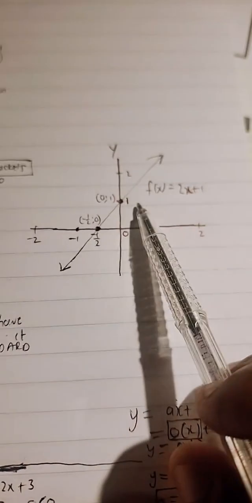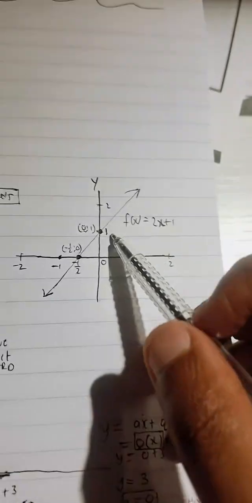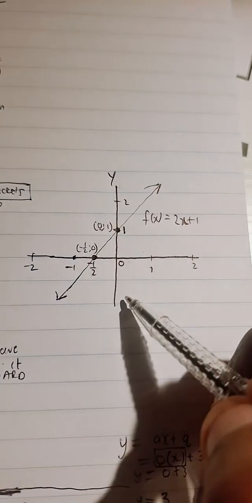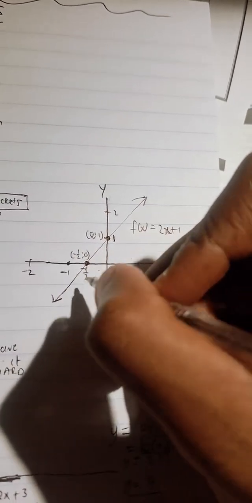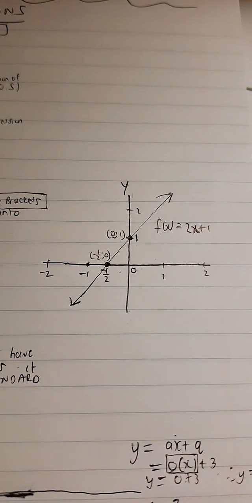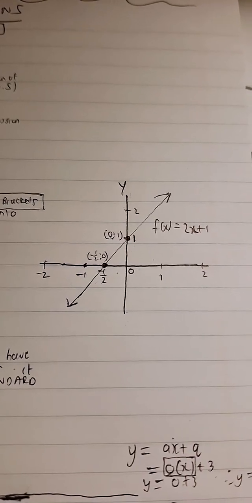You don't lose marks if it is clear that for 0 and 1 you have placed the 1, which is the y-intercept, on the y-axis, and for negative half and 0 you have put the point and indicated the negative half. That's fine. You would not lose the marks.